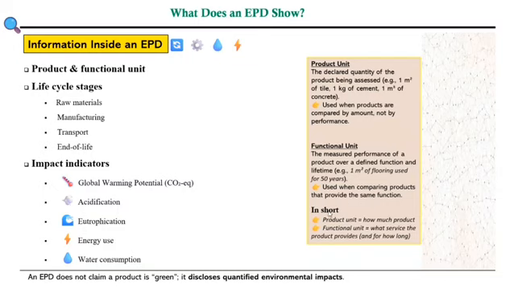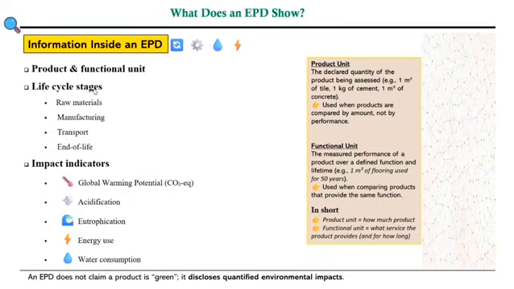In short, if I summarize the discussion, product unit is how much product, and functional unit is what service the product provides and for how long. So this is a brief discussion on product unit and functional unit.